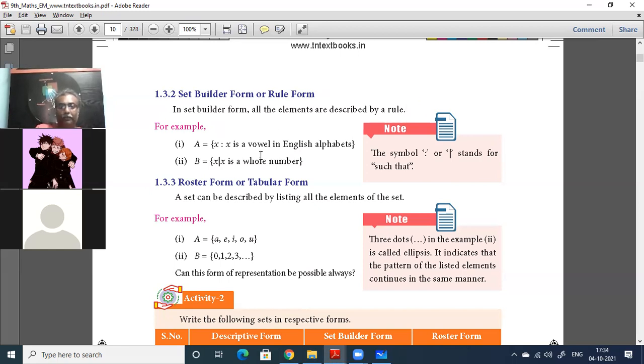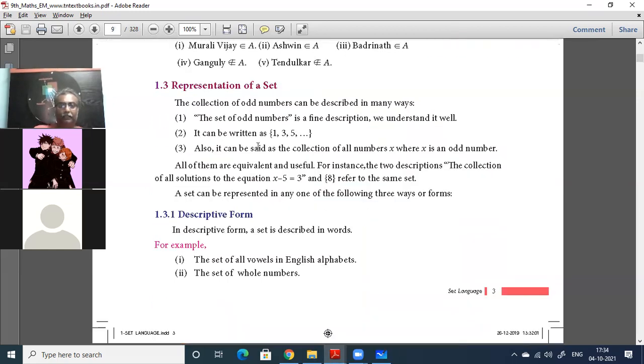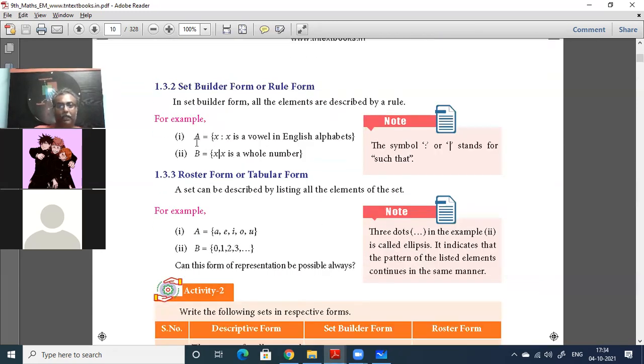See, descriptive form is also telling something similar: the set of all vowels in English alphabets. That is how descriptive form is telling. But set builder form is telling X colon, such that X is a vowel in English alphabets.